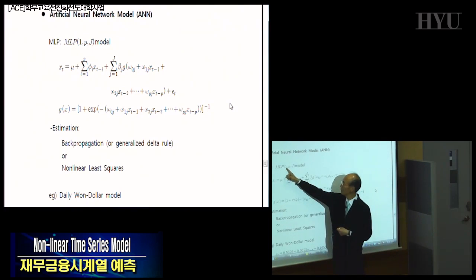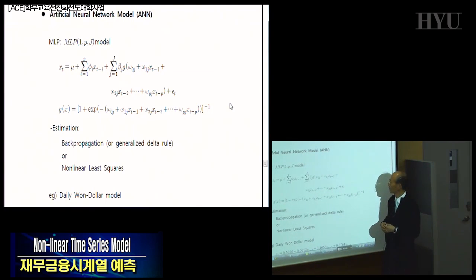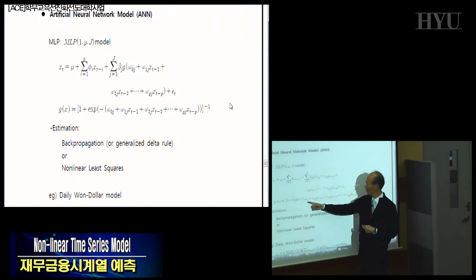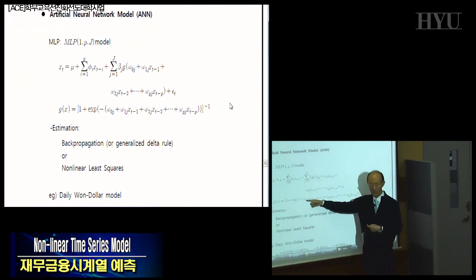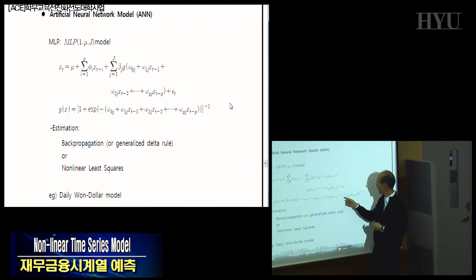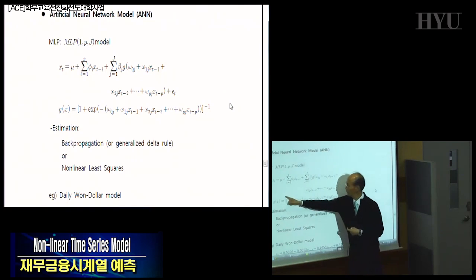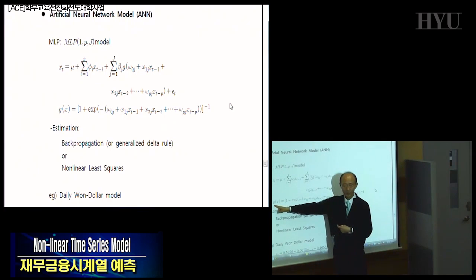Now, then what is this? Suppose you have different linear combinations with different weights. We have J of them, and each is transformed through this logistic function to get the value g of x.